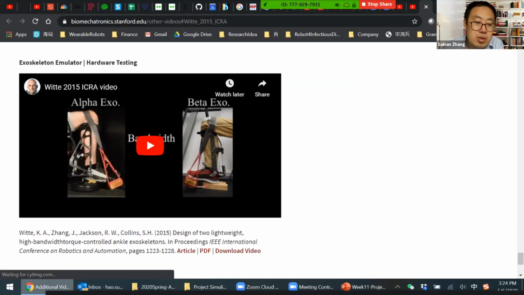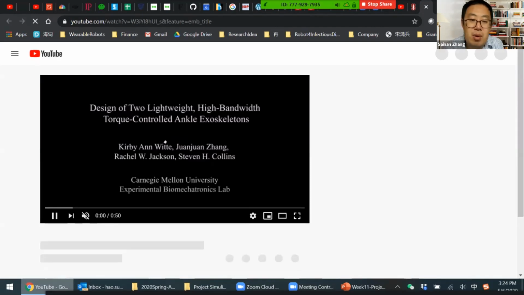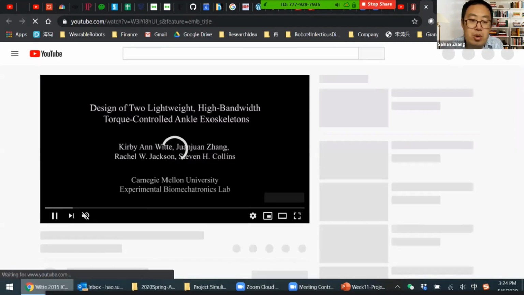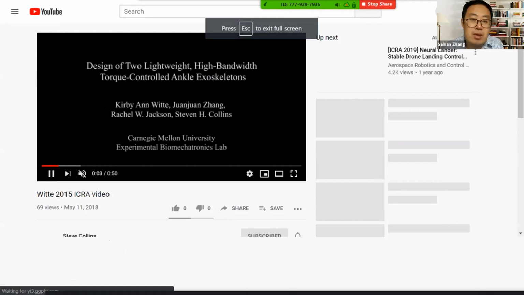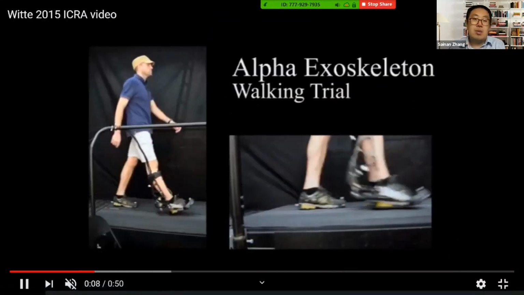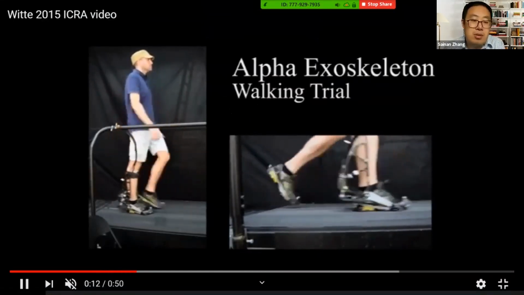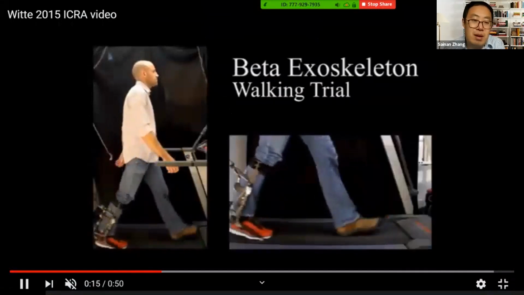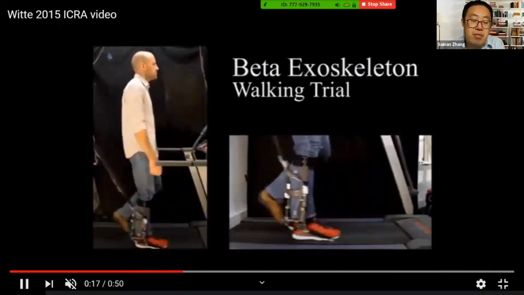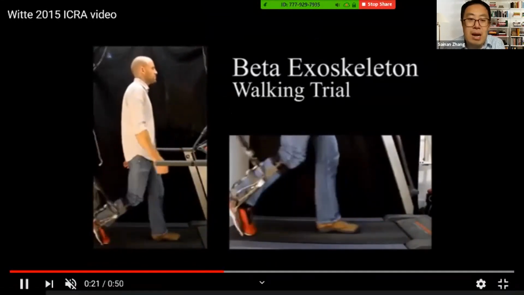To do that, you will see they actually fix the person's limb, because we want to isolate human motion, right? We don't want the human motion to interfere with what the machine can do, right? So basically, you see this tethered exoskeleton from Stanford University, developed at CMU, and this professor is walking with an ankle exoskeleton, right?